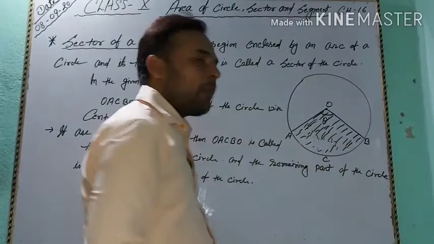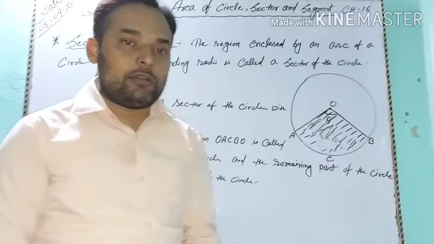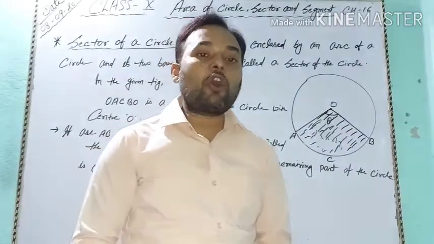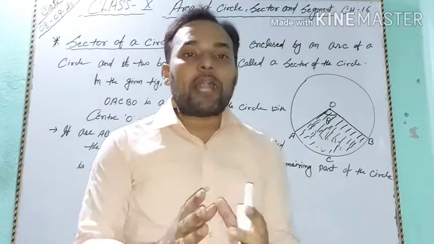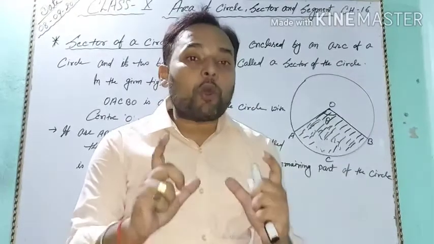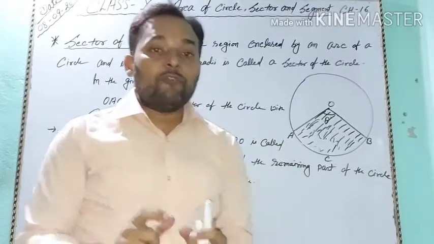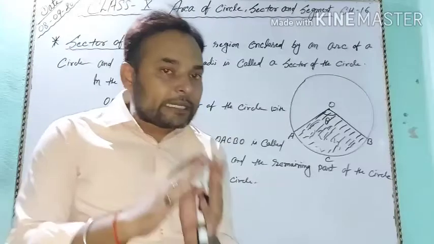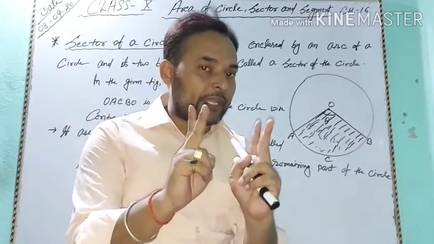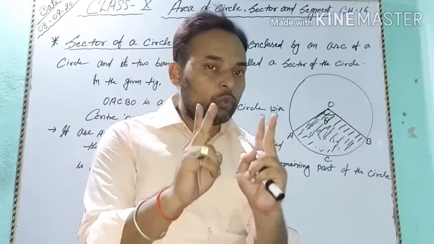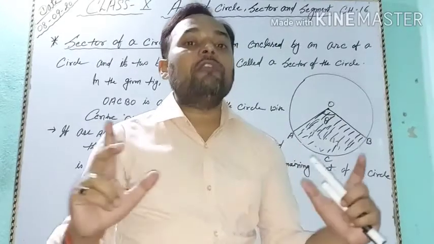The sector of the circle is the part of a circle which is bounded by an arc and the two radii of the circle.